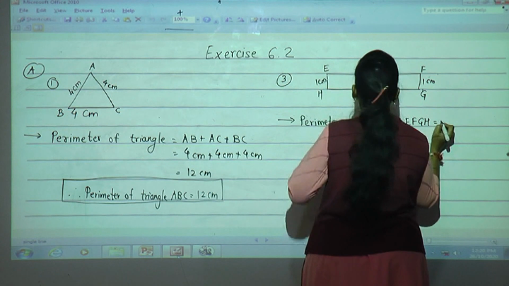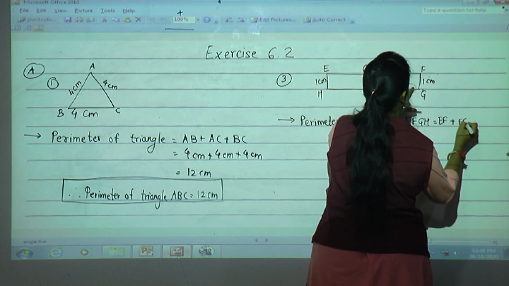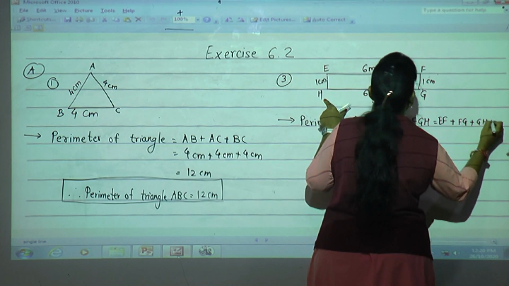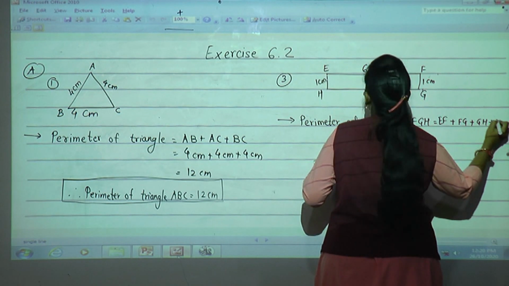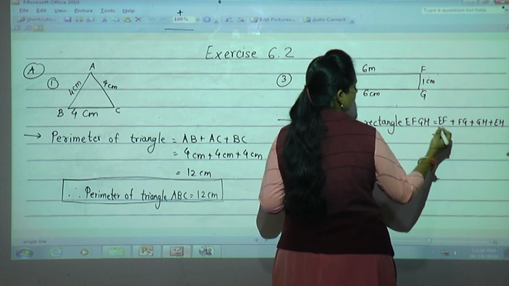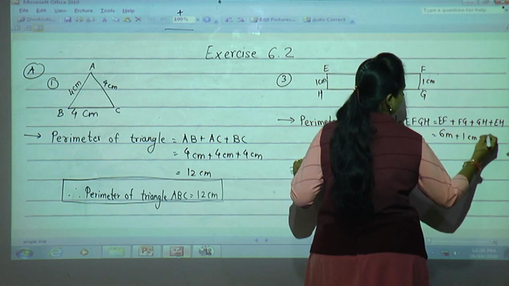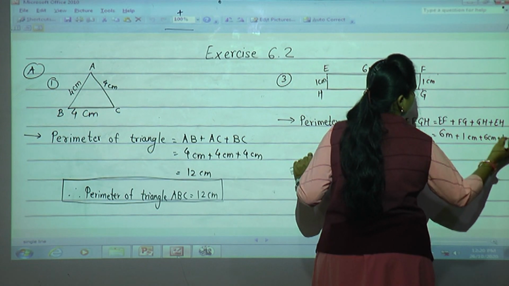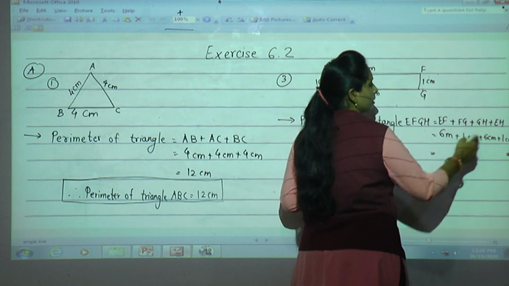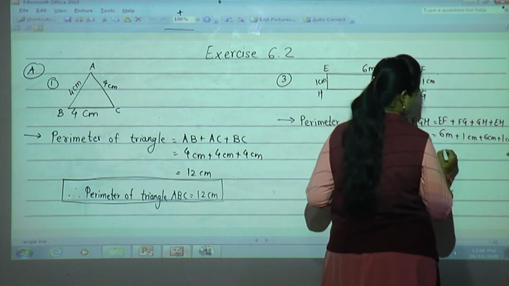Now here, EF plus FG plus GH plus EH. Now what is EF? 6 centimeter plus 1 centimeter plus 6 centimeter plus 1 centimeter. 6 plus 1 is 7. 7 plus 6 is 13. 13 plus 1 is 14 centimeter.